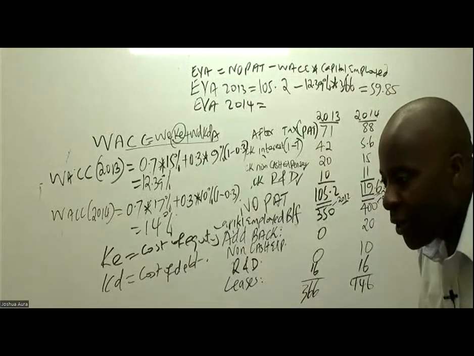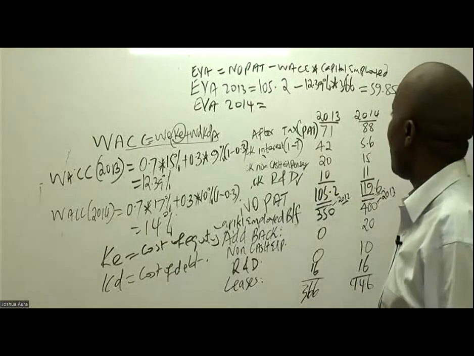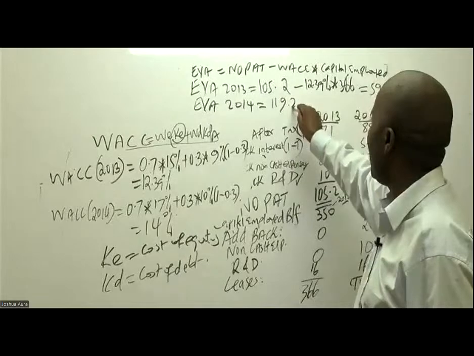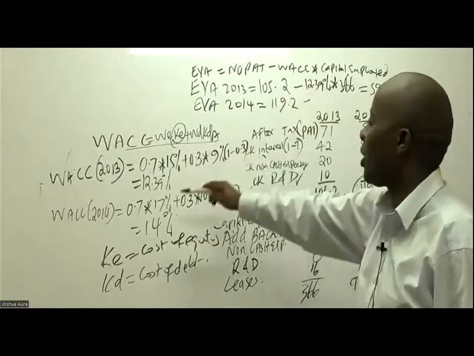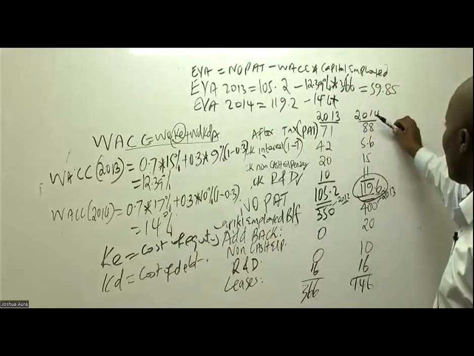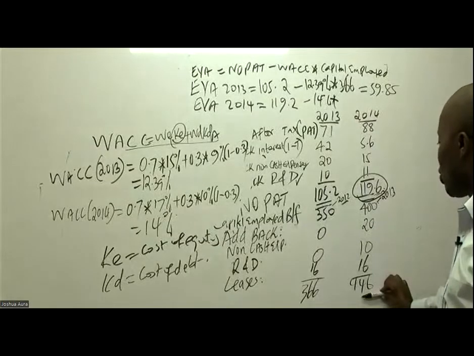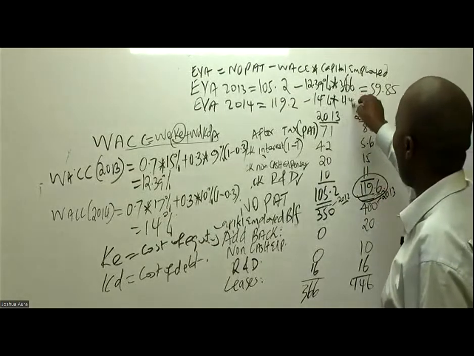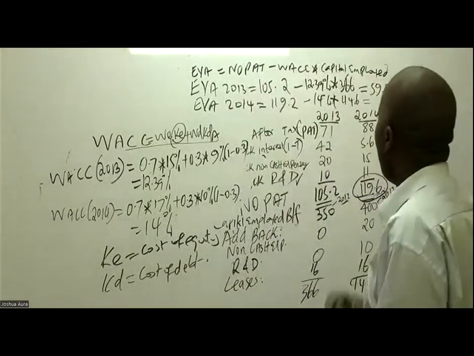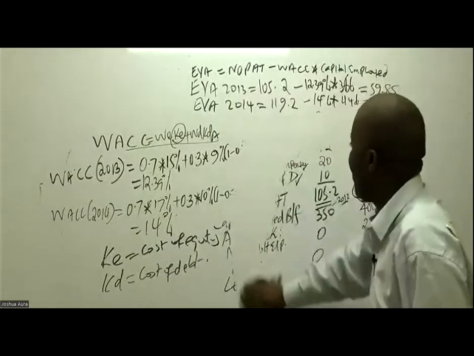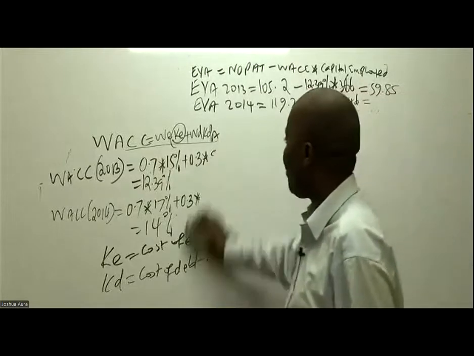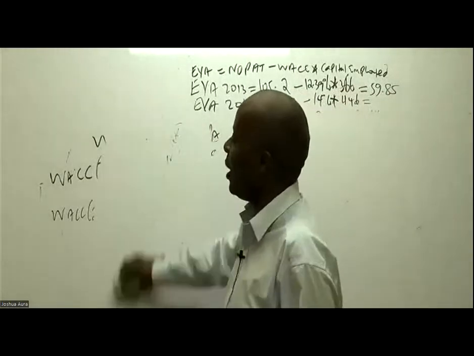For the year 2014, I can see the NOPAT here is 119.2 minus the WACC for 2014, which is 14%, multiplied by the capital that was employed in 2014, which is 446.